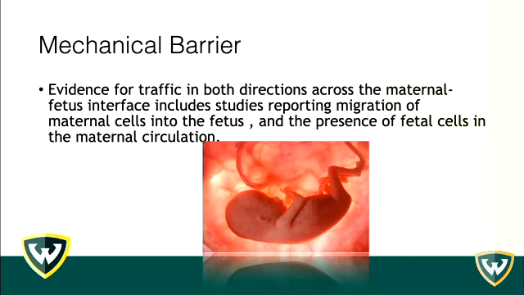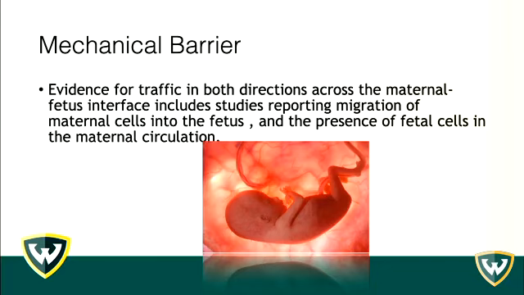In terms of pregnancy, the placenta is not a mechanical barrier, because fetal cells are migrating into the maternal body, as well as maternal immune cells migrating into the fetus. We know, for example, that T regulatory cells from the mother go to the fetus, and they have an important role in educating the fetal immune system.